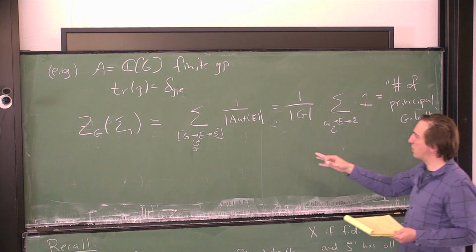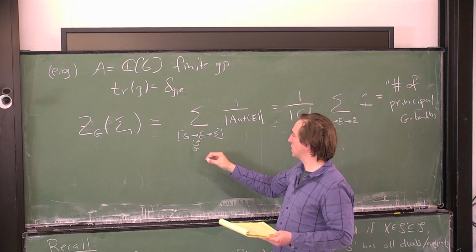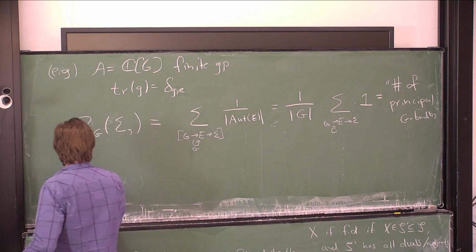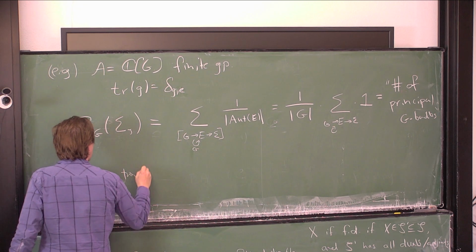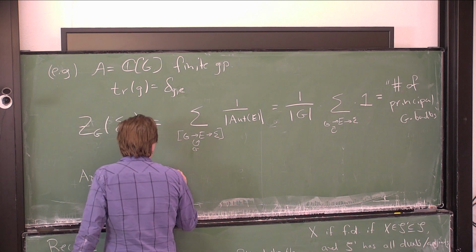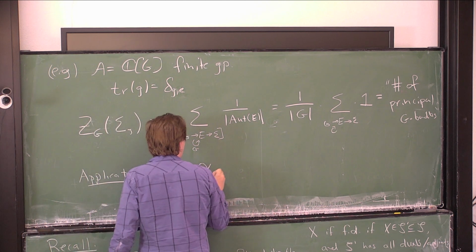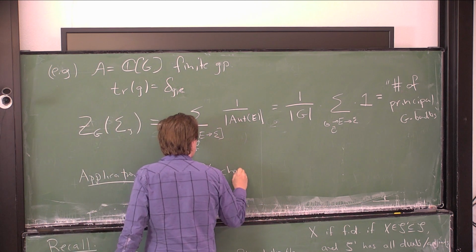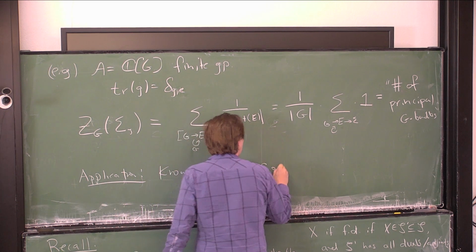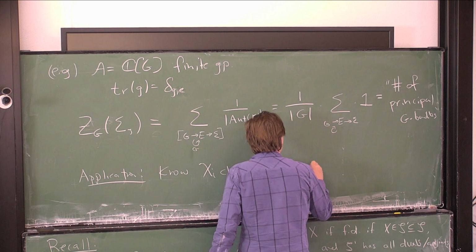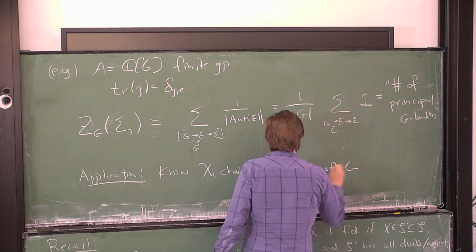I won't give it now, but if you know the characters chi, the characters of all irreps of G, you get a formula.